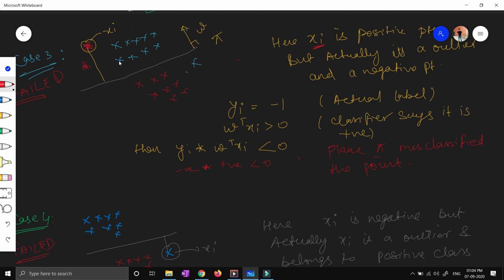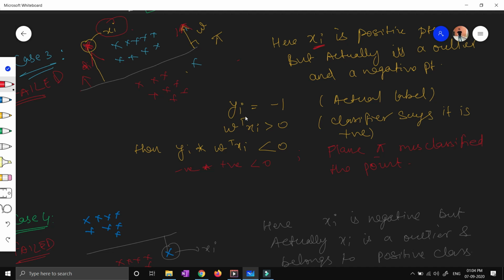But you can see over here that our linear regression classification will say that because it is in the direction of w, it is in the same direction of w, hence this particular point is positive. But actually you can see it's red in color, it's an outlier and it's a negative point.